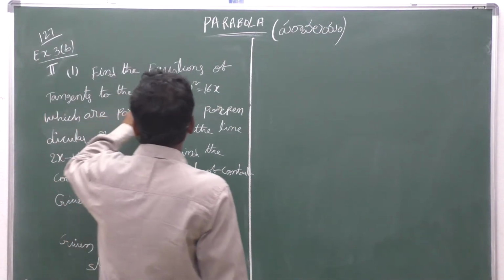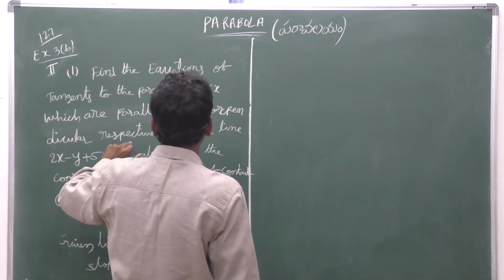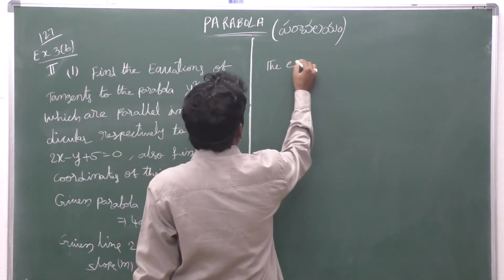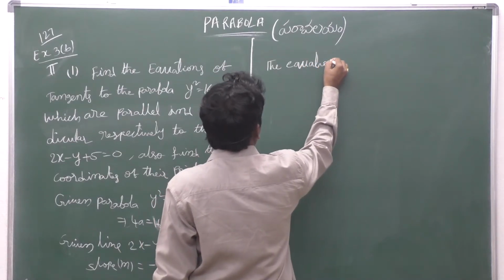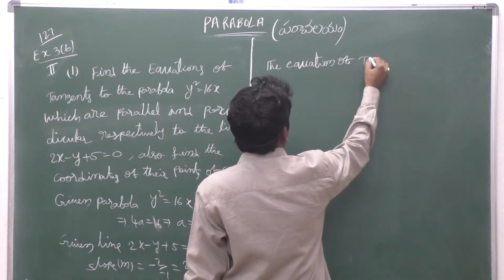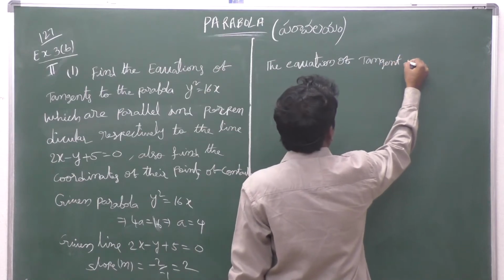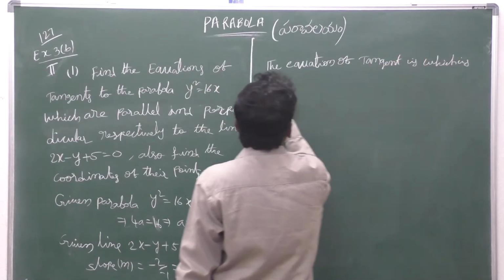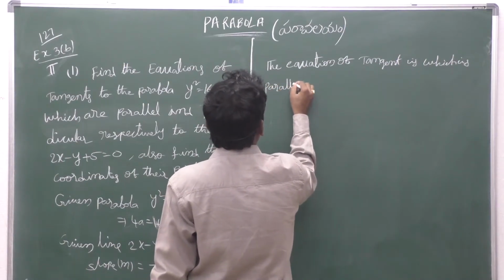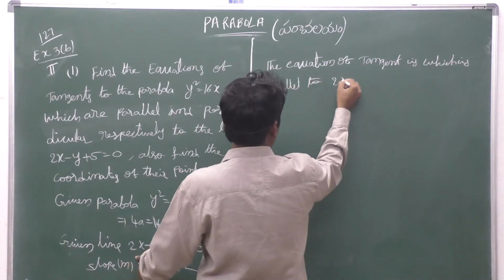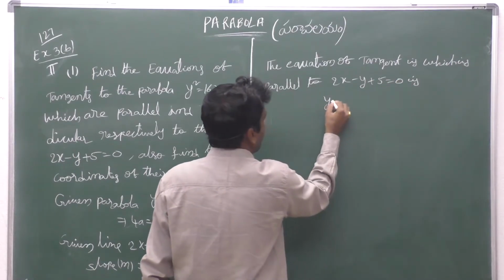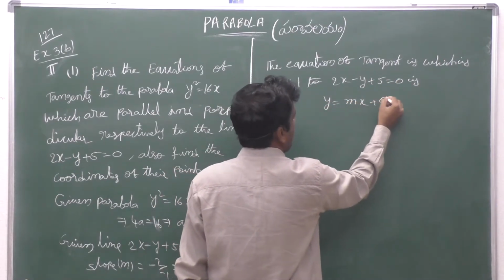Now, the equation of the tangent which is parallel to 2x − y + 5 = 0 is y = mx + c, where c = a/m.